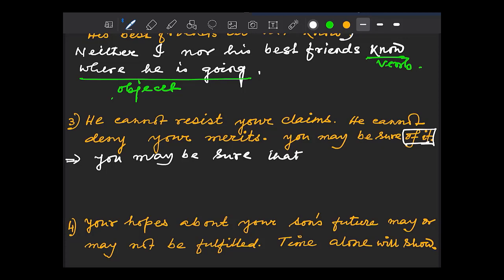So we'll use neither nor here. You may be sure, this is an adjective and the rest will be the complement to this adjective.